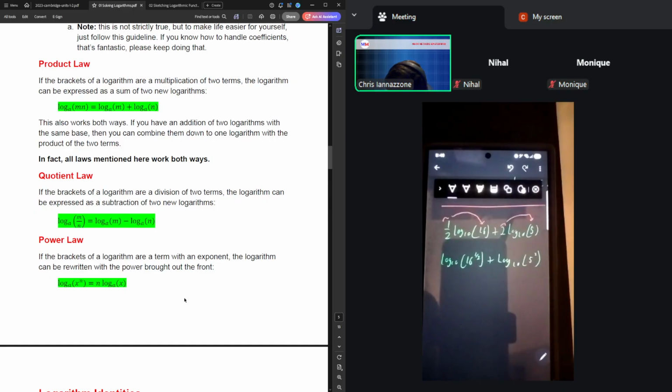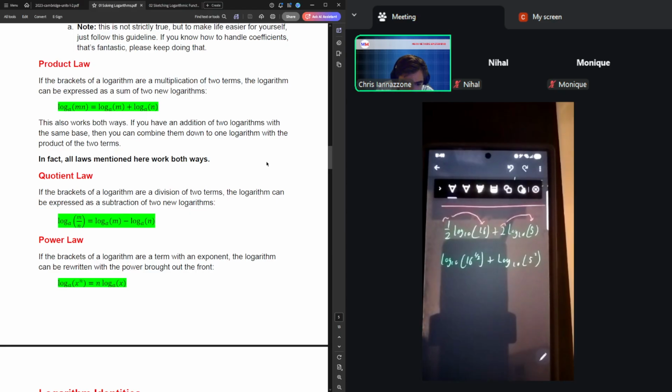Now that there are no coefficients involved, we can see how the product law and quotient law are going to be a lot easier to use. If you notice the equations of them, none of those show you how to handle coefficients, so the natural step is to remove those coefficients. That way we can use the laws appropriately.